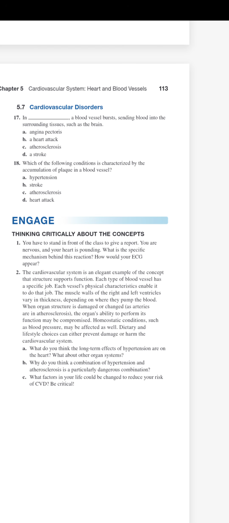Atherosclerosis is basically the deposition of fat on the blood vessel, mainly an artery. A stroke, yes. I cannot read this whole part, so let's just take this one. Which of the following conditions is characterized by the accumulation of plaque in a blood vessel? It's atherosclerosis.